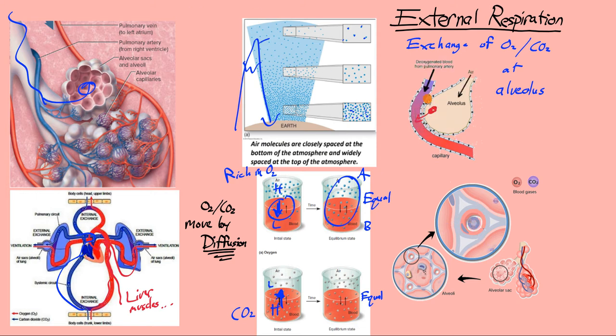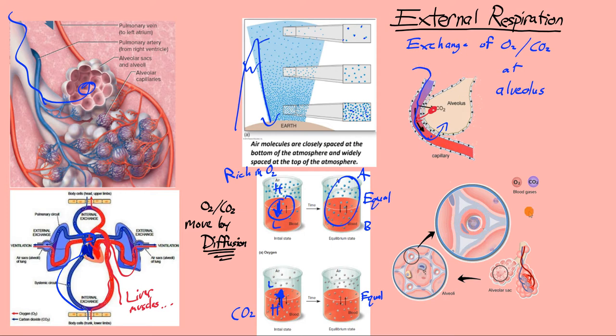Your blood will be coming in deoxygenated, rich in CO2 but low in oxygen, and that CO2 is going to go from high concentration in your blood to low concentration in the alveolus. So oxygen goes into your blood at this point and attaches to hemoglobin molecules, and CO2 leaves your blood and goes into your alveolus where you can breathe it out. That's happening at the interface between the alveolus and the blood.